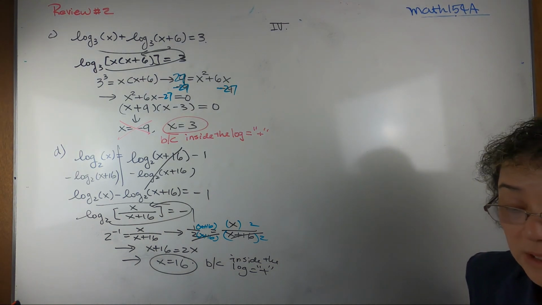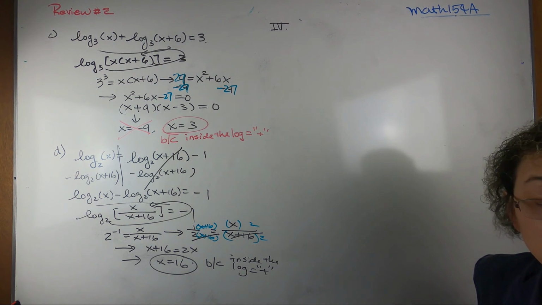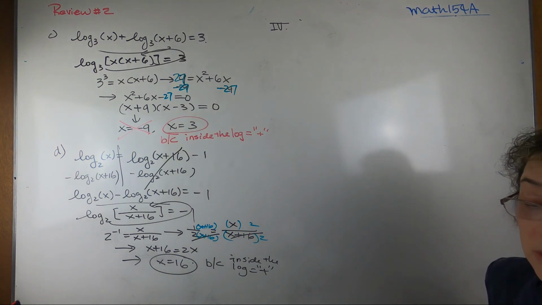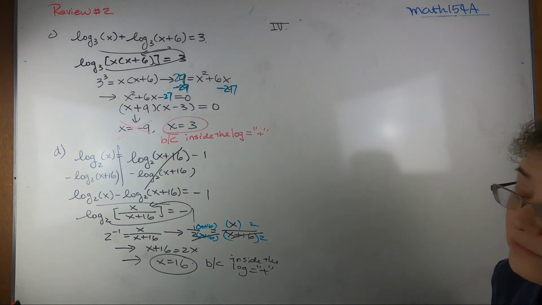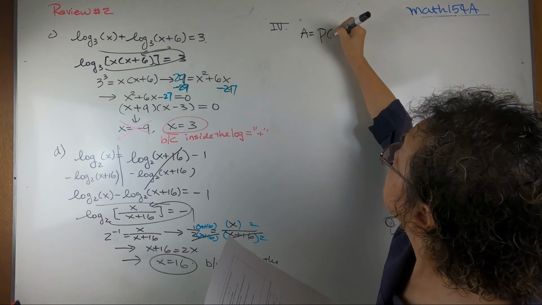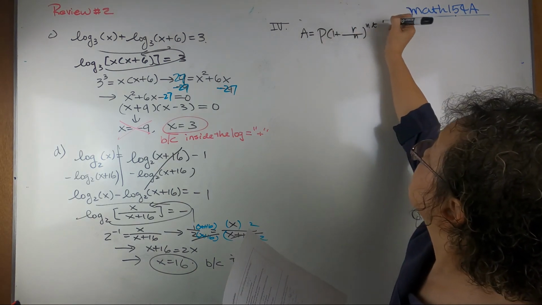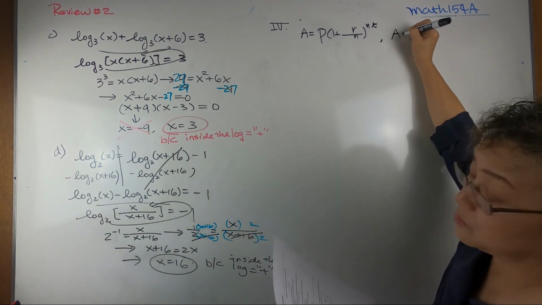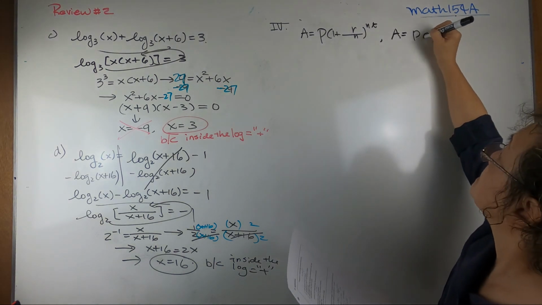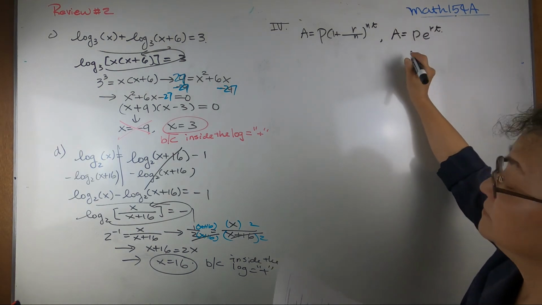All right. So let's do some applications. We learned two formulas, right? One is for compounding, we have this 1 plus r over n to the nt, right? Another one is what? Continuous, Pe to the rt. Okay?